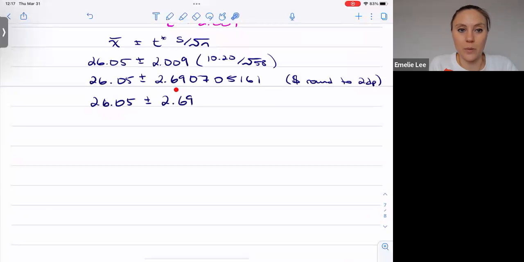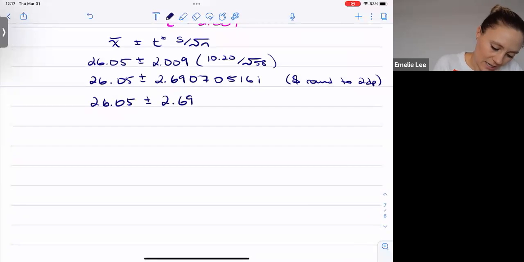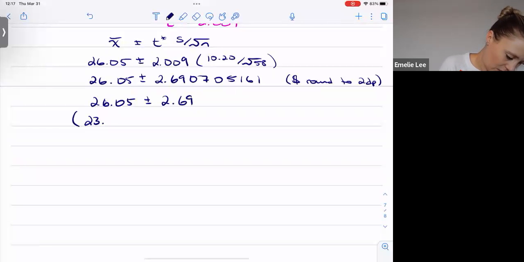Make sure you round properly here. Then I get an interval of 26.05 minus 2.69, which is 23.36, up to 26.05 plus 2.69, which is 28.74.